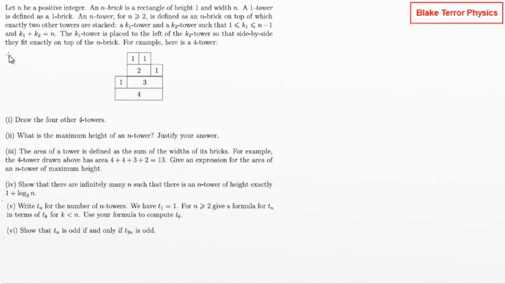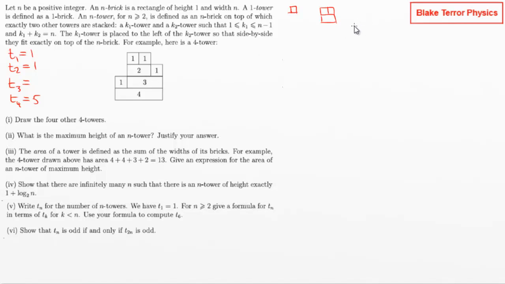So we've got T1 is equal to 1. We know that T2 is equal to 1. So we're going from a 1 brick. Then all we can do with a 2 brick is that. We can't do anything else. 4 brick, we know. Oh, we haven't done the T3 yet. But we know that T4 is equal to 5. We've done that. So how many T3s are there going to be?